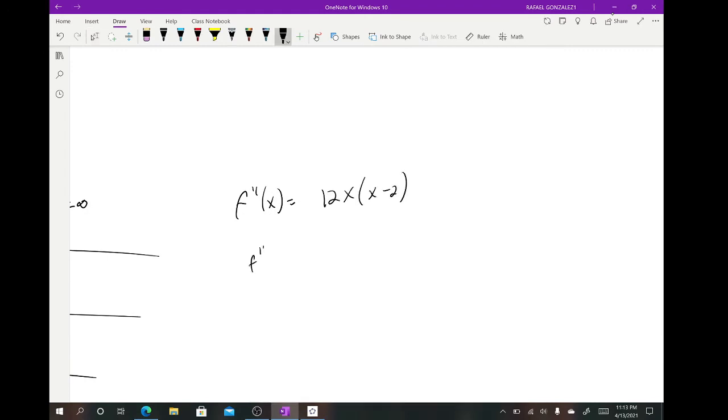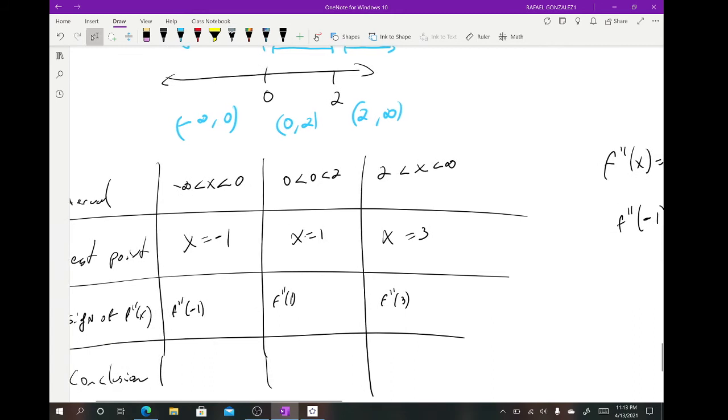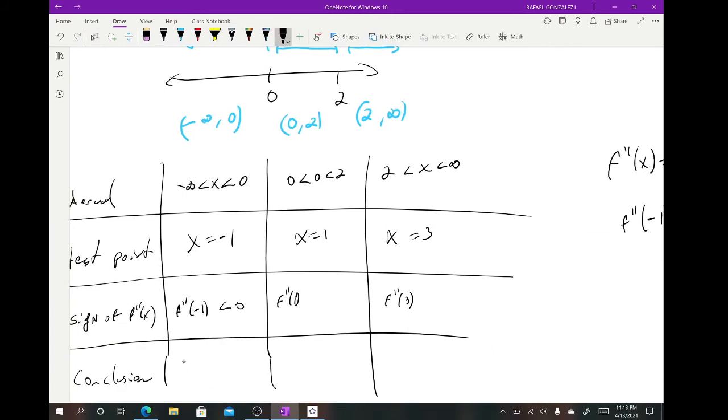We're looking for f double prime at negative 1. So we have 12 times minus 1 times minus 1 minus 2. 12 times minus 1 is minus 12, and minus 1 minus 2 is minus 3. Plus times minus is minus, so this is going to be a negative number, which means this is concave down.